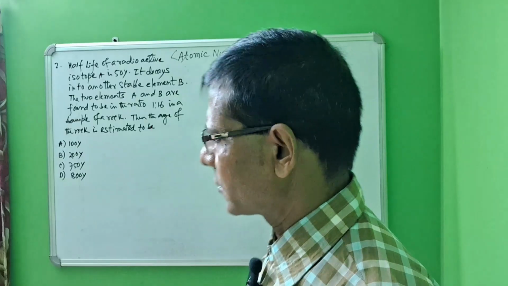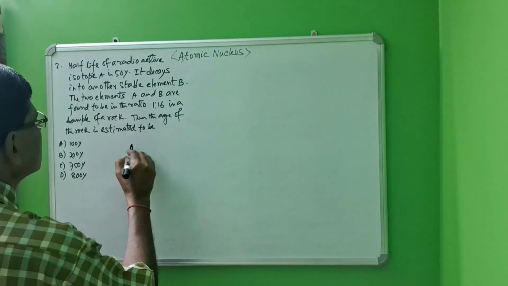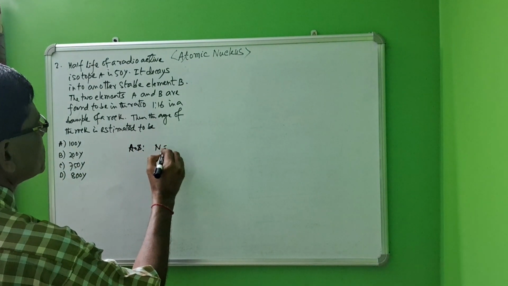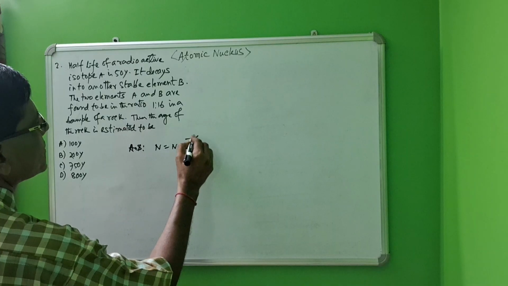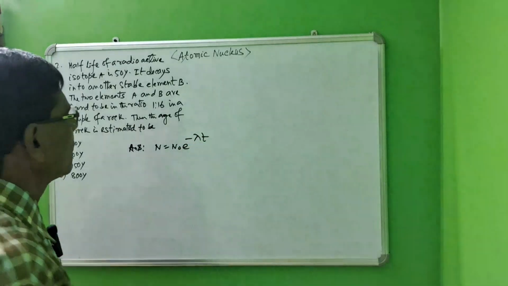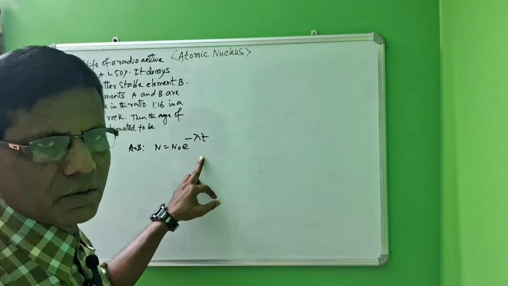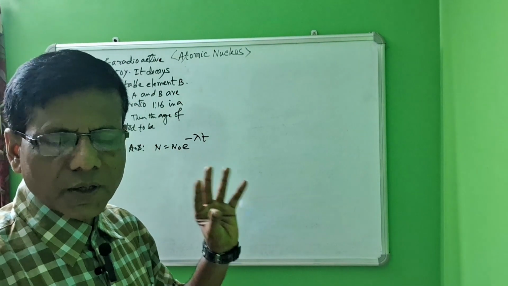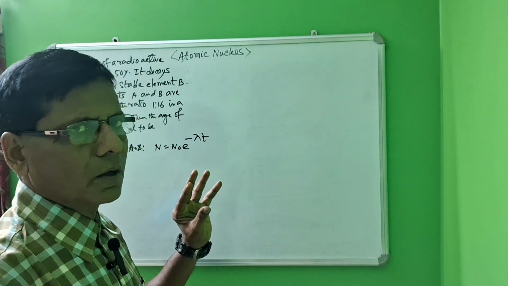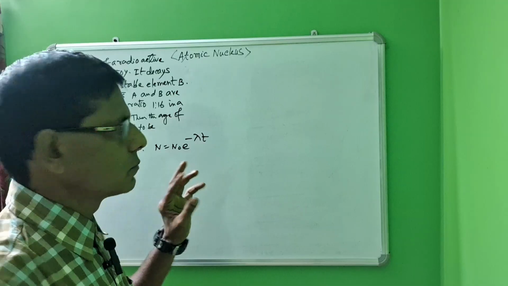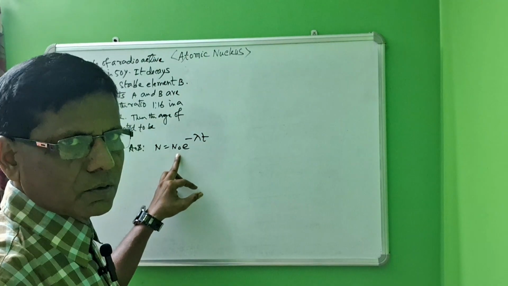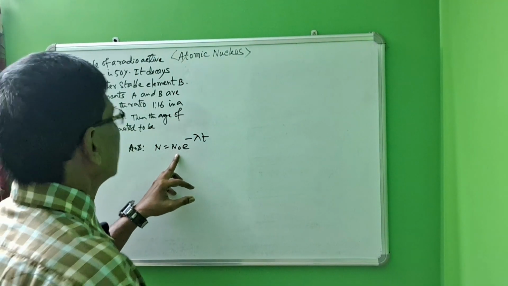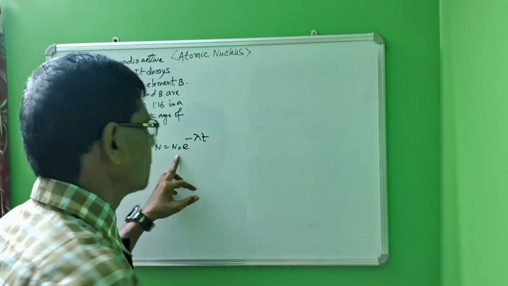Then the age of the rock? We know N equals N0 e to the power minus lambda t, where lambda is the disintegration constant and N0 is the primary nucleus at time t0.